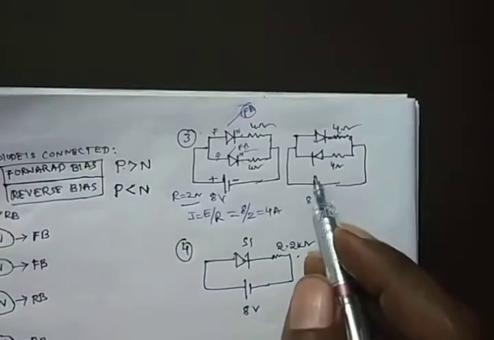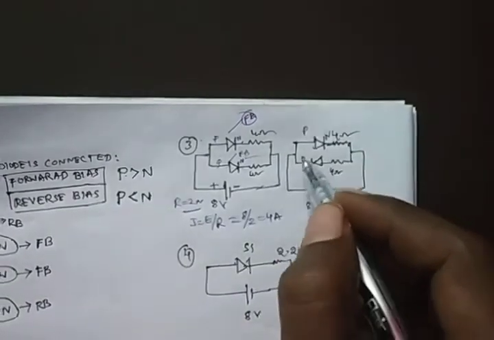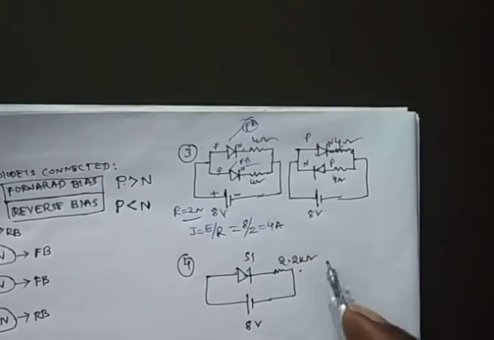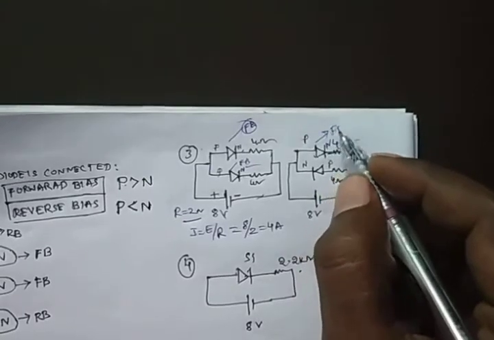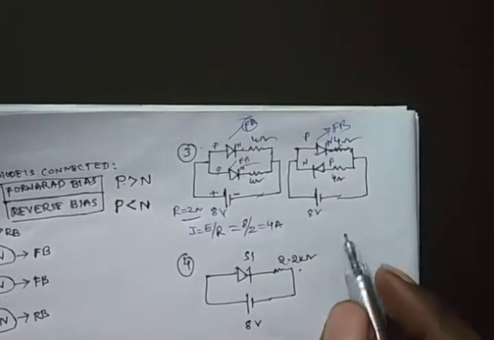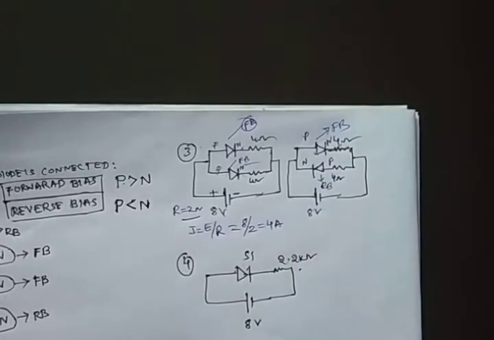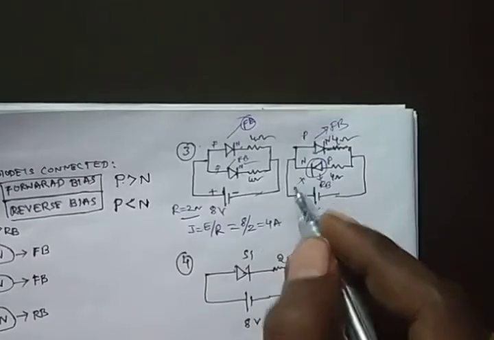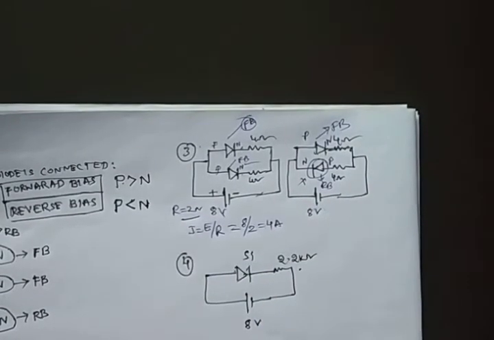Now see here, this is the P side and this is the N side. Here, this is the N side, this is the P side. Then the first diode is said to be in forward bias. The second diode is said to be in reverse bias. So the reverse bias will not work.